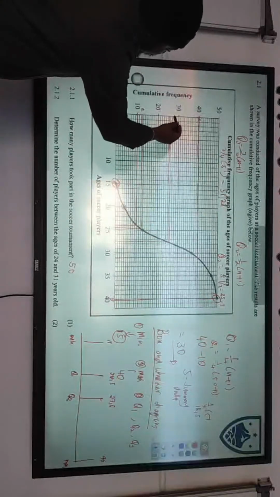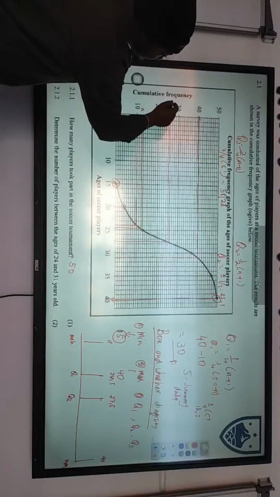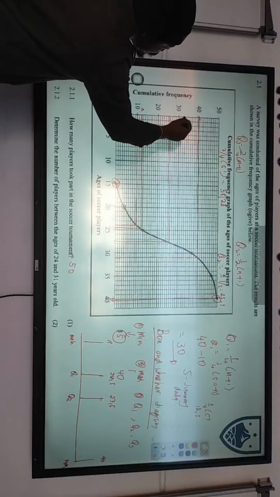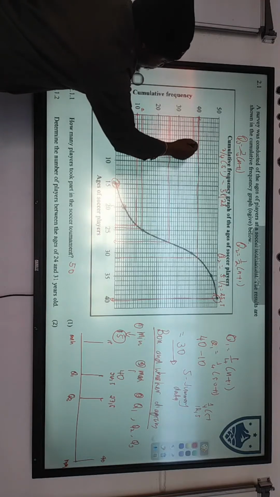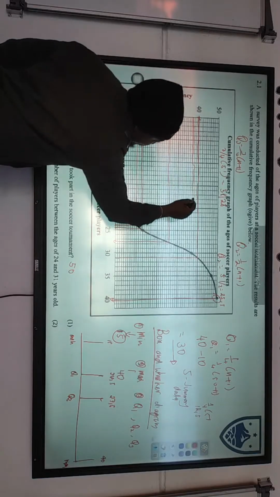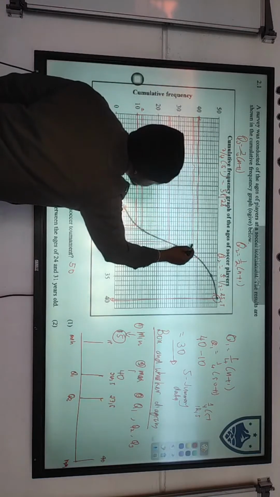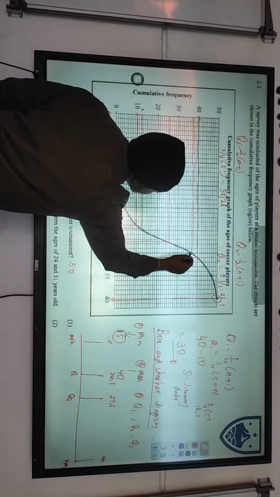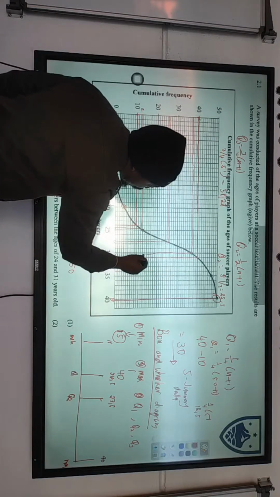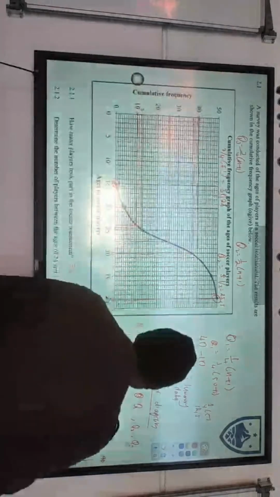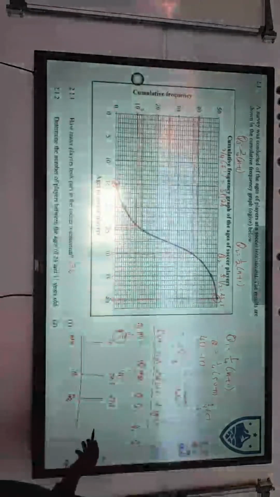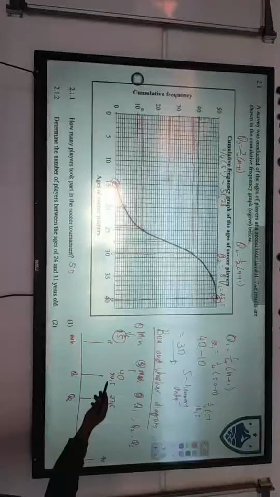Then we have 31, 32, 33, 34, 35, 36, 37, 38. 38,25, just close there, not in the middle. Almost close to 30, we have it.